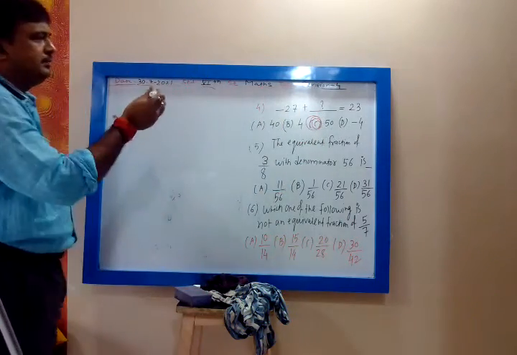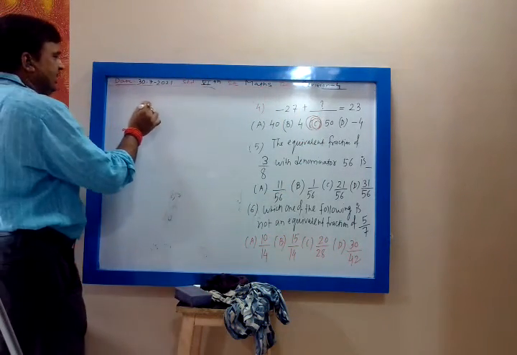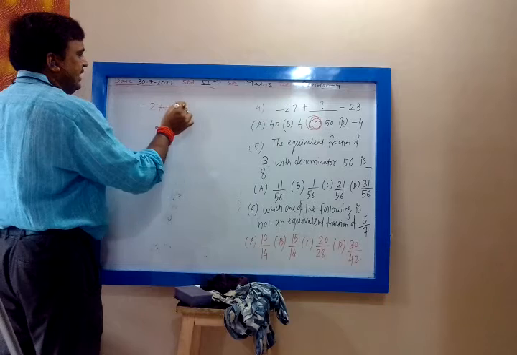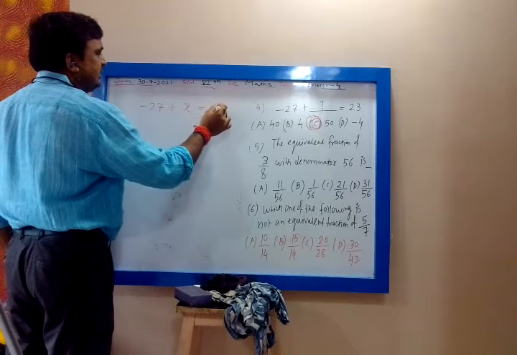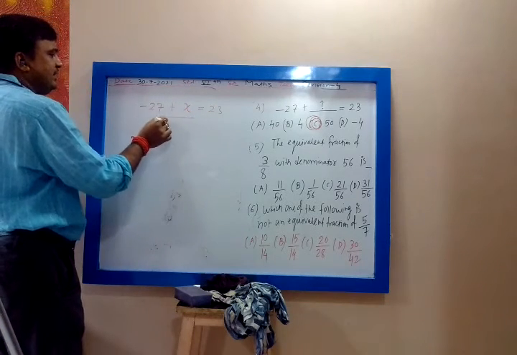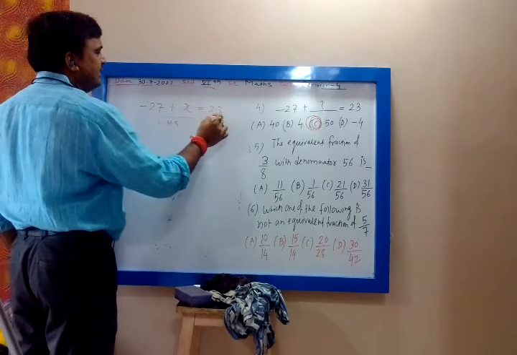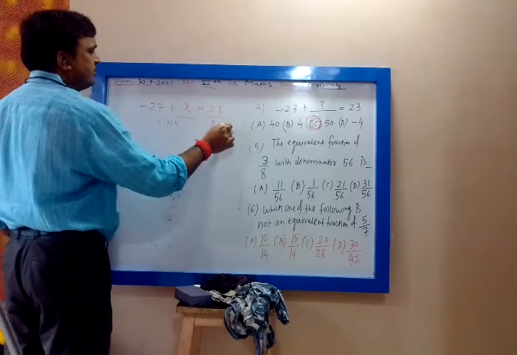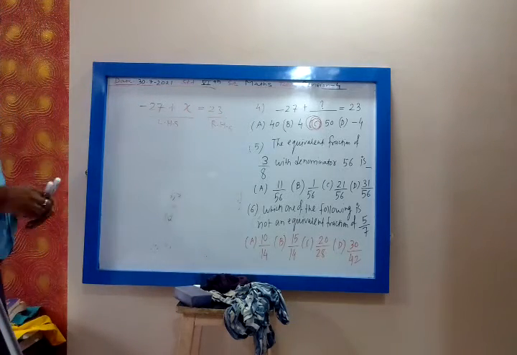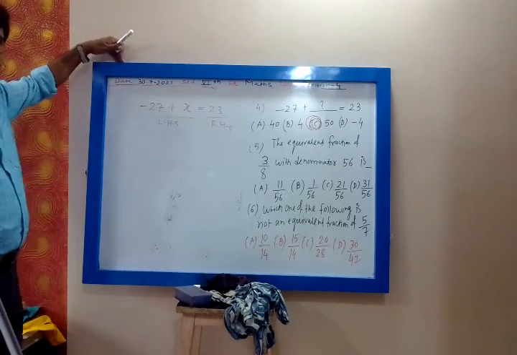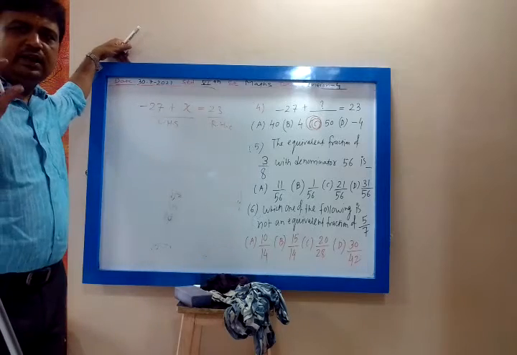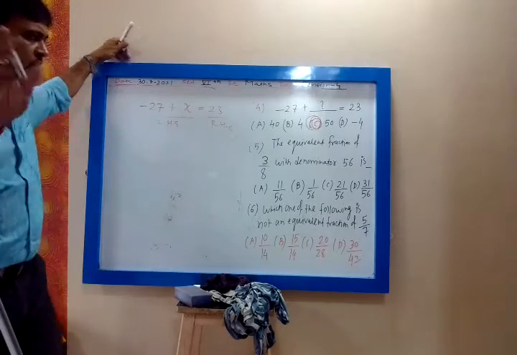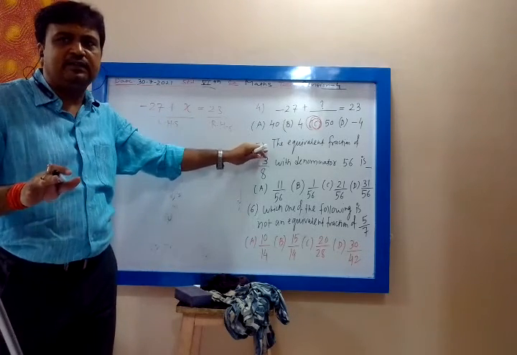Let us check whether it is 50 or not. Minus 27 plus x is equal to 23. This is my left hand side and this is my right hand side. You don't have to tell me the answer, I will read the question. When I start the fifth question, then start writing.